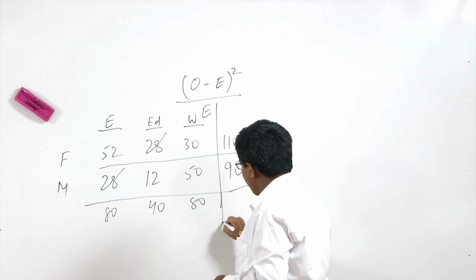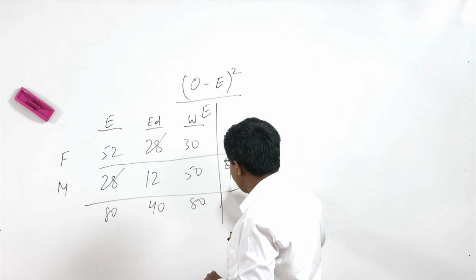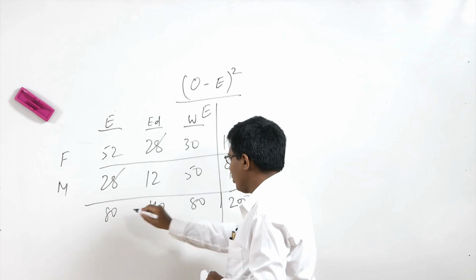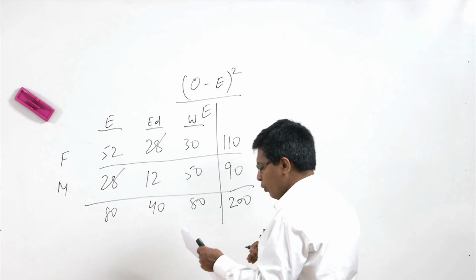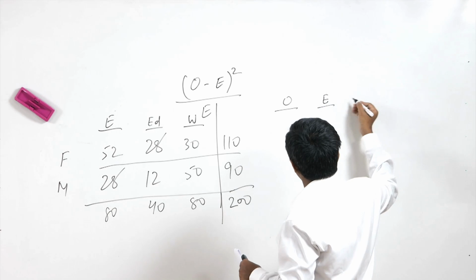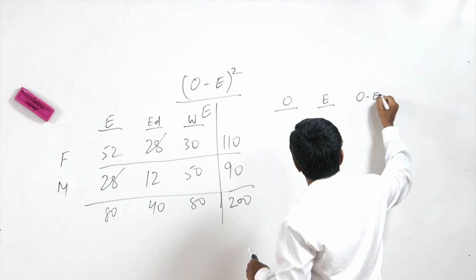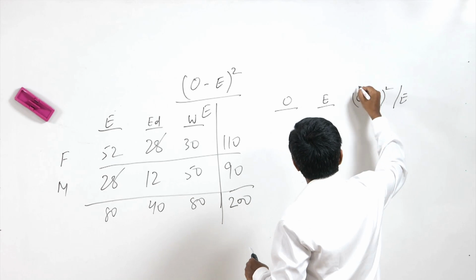So, the overall total, the n basically, is how much? 110 plus 90, 200, right. You go through this way or that way. Now let us calculate. We have the observed values and now we need the expected values. Then we find observed minus expected, squared, upon the expected. So, this is my chi-square.